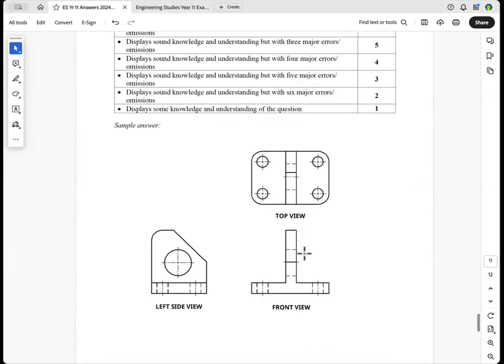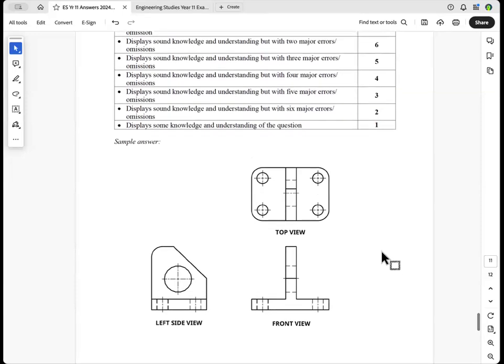Now, this is a question that was a bit disappointing because it asked you for a left side view, and quite a few of you put the right side view here.